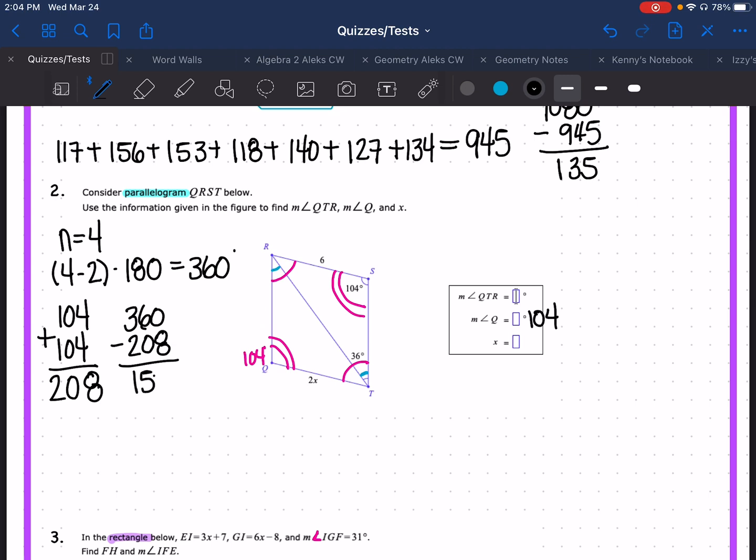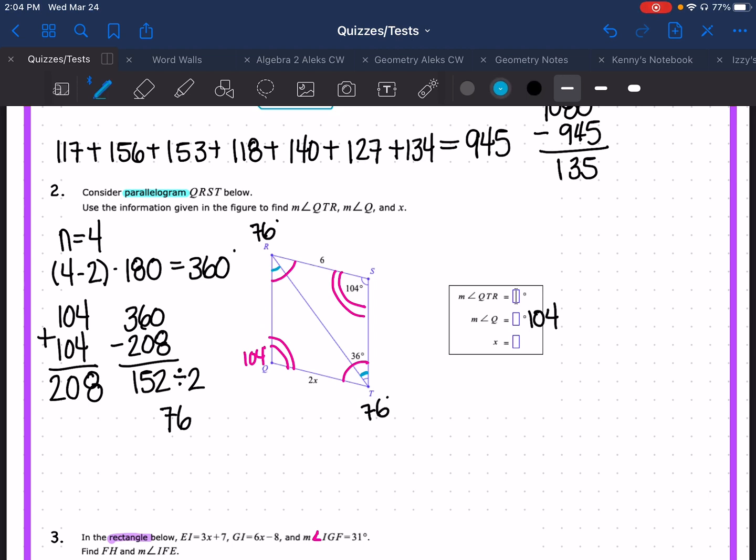That's going to give me what the remaining 2 angles are equal to, 152. Now, they are not both 152 because if I quickly add 152 plus 152 plus 208, I get way over 360. So I have to divide this by 2 to get what R and T are equal to. And that would be 76. So all of R is 76 degrees and all of T is 76 degrees.